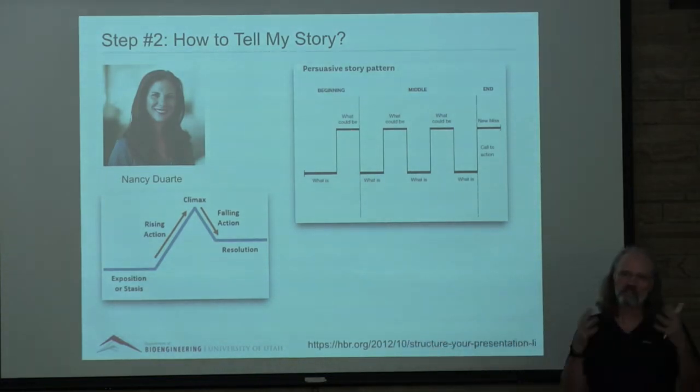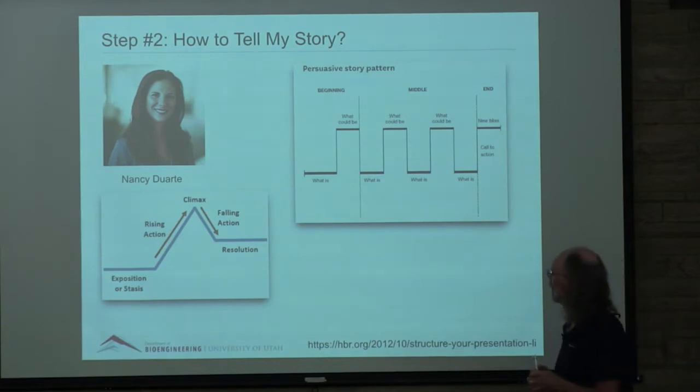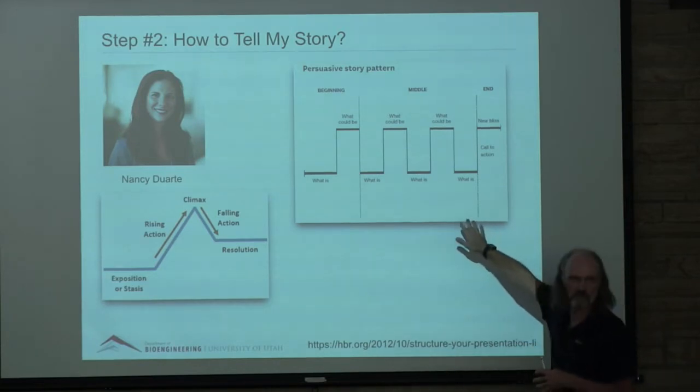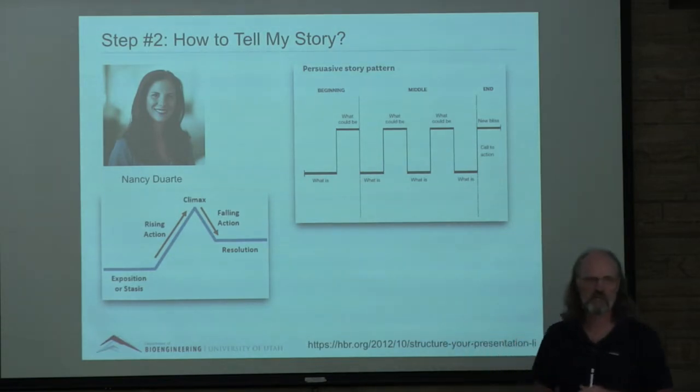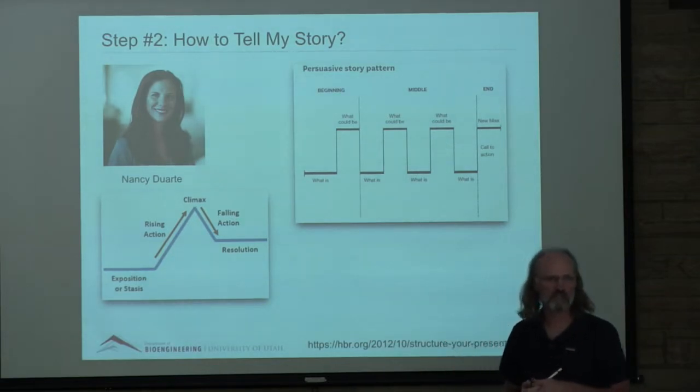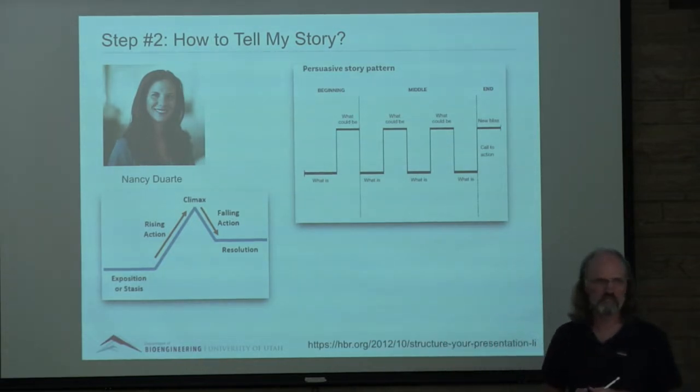She took that as a starting point, then analyzed talks and came up with this pattern. This is Nancy Duarte's analysis of some of the great speeches of our time. She used this form of analysis on the Steve Jobs 2007 release of the original iPhone, and she applied it to Martin Luther King's I Have a Dream speech.